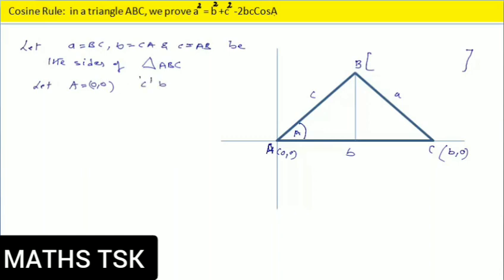C be a point on the x-axis, implies C is equal to b, 0, since AB is equal to AC is equal to b. Let B be in the first quadrant.